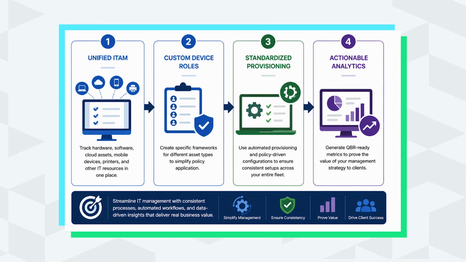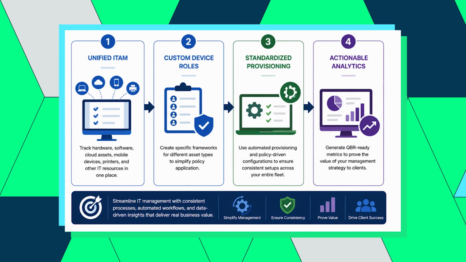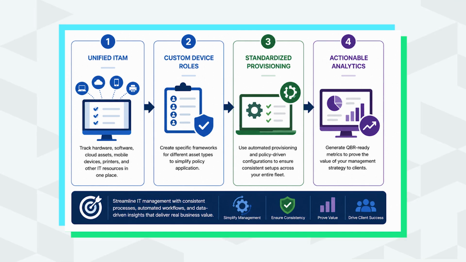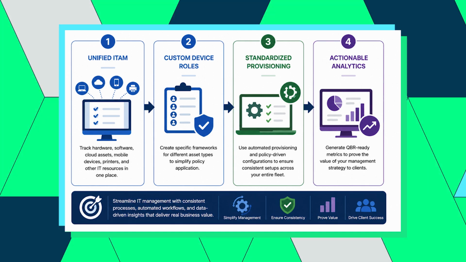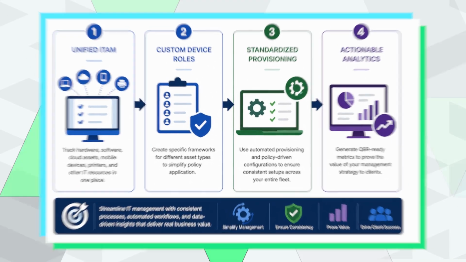Create specific frameworks for different asset types to simplify policy application. Standardized provisioning. Use automated provisioning and policy-driven configurations to ensure consistent setups across your entire fleet. Actionable analytics. Generate QBR-ready metrics to prove the value of your management strategy to clients.